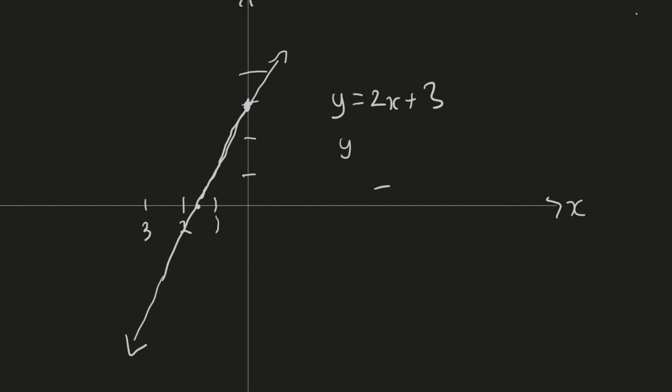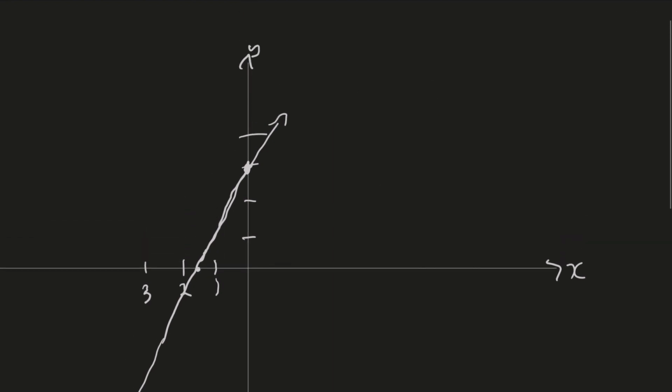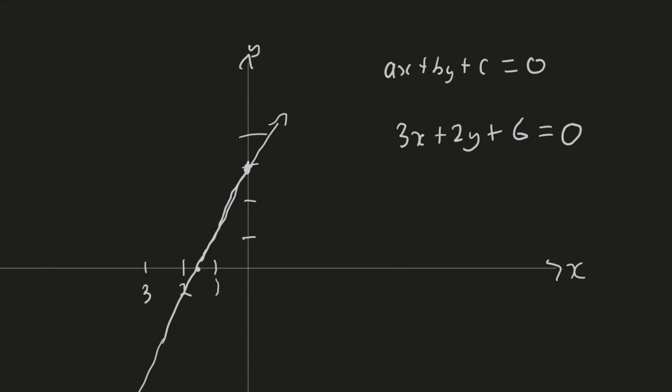Now, what about if we have the equation ax plus by plus c is equal to 0? So we're going to insert numbers into these coefficients here. So I'm going to do 3x plus 2y plus 6 is equal to 0.